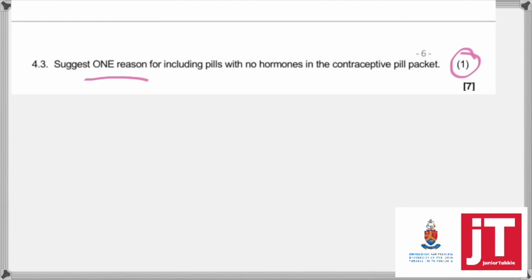So, of course, immediately after that, the woman will start to menstruate. And another possible reason is the pill has to be taken every day at the same time. And to include those tablets is to create a habit in her so that she can take the pill and not forget it.